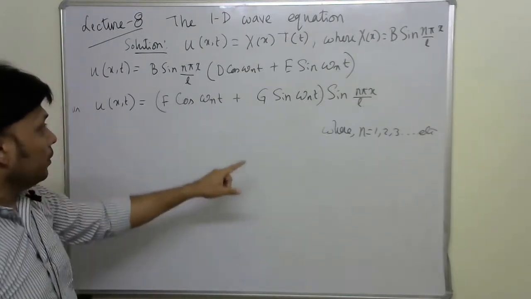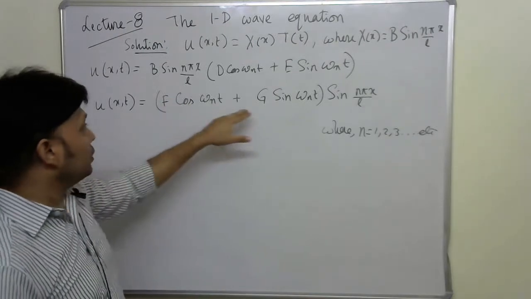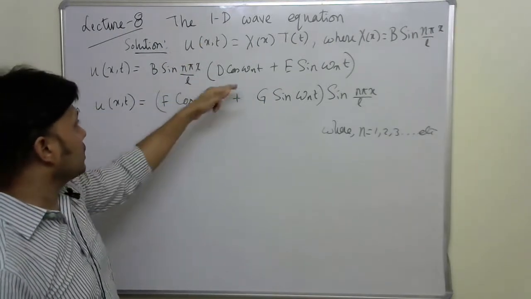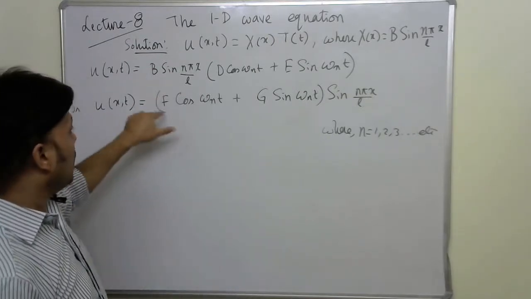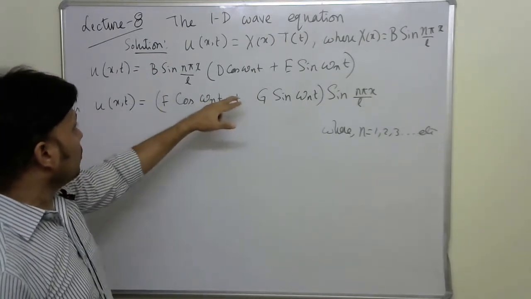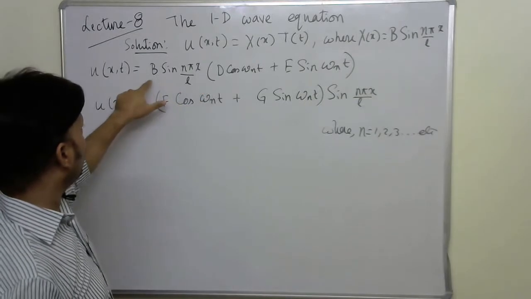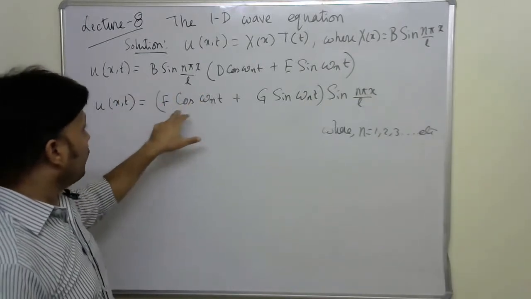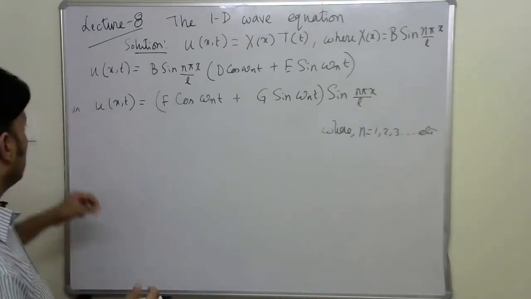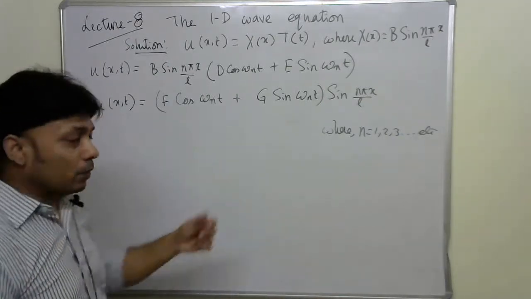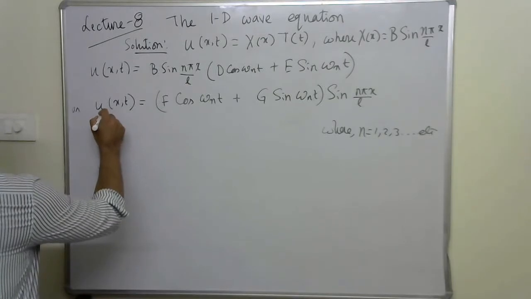And also, similarly, F and G values, since those things came from applying the particular boundary conditions, because it also already contains the part B, so F and G would also change with respect to n. So to express u(x,t), we should use that subscript n.